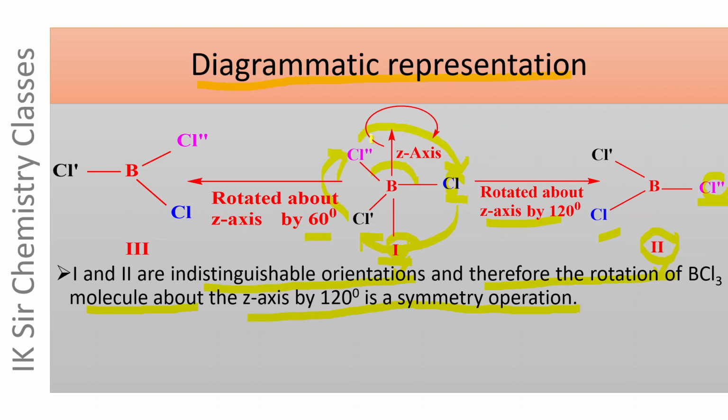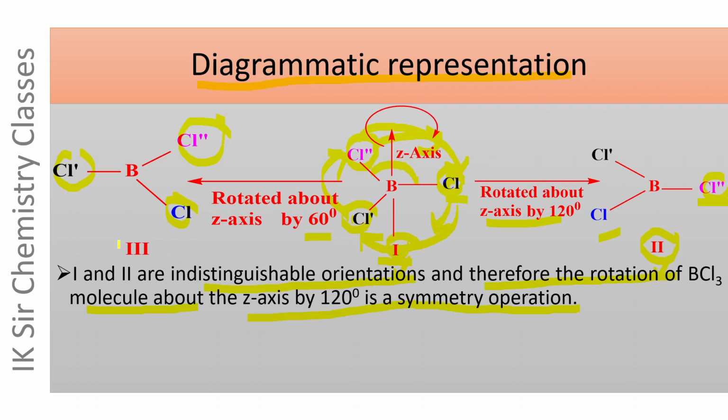As a result, this Cl double dash atom will come to this position, and this Cl atom will come to this position on rotating by 60 degrees. If the BCl3 molecule is rotated about the Z axis by 120 degrees, this Cl atom will come to this position, but by rotating by 60 degrees, this Cl atom will come to this position, and the Cl dash atom will come to this position.